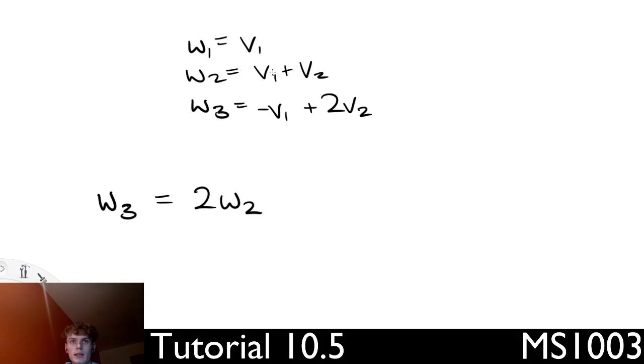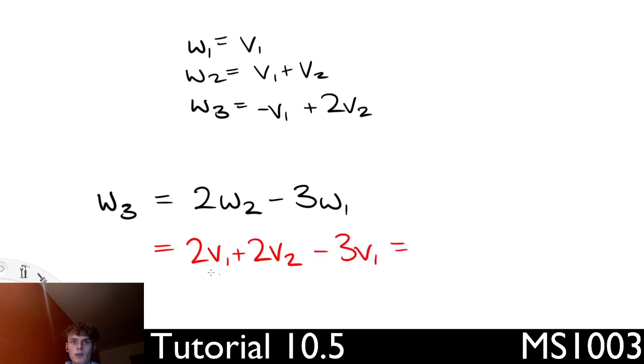And now I want to change the V1 to a minus V1, so I just need to subtract 3 times W1. If we check, 2 times W2 is 2V1 plus 2V2, and then W1 is V1, so I get minus 3 times V1. Indeed, 2 minus 3 is minus 1.